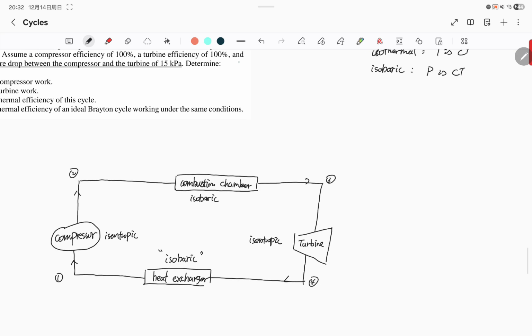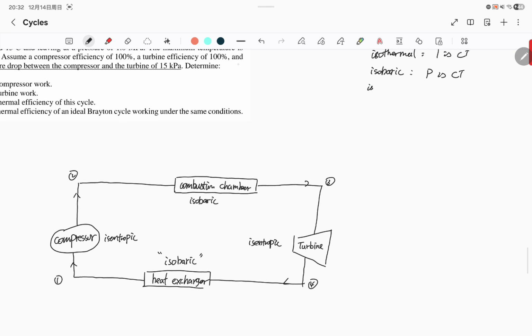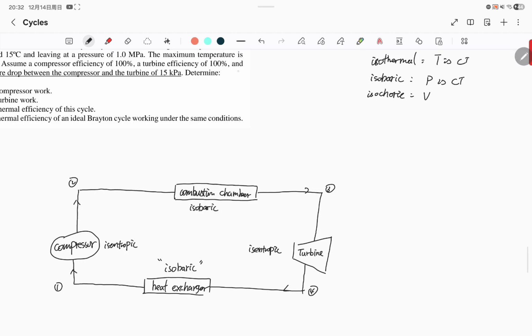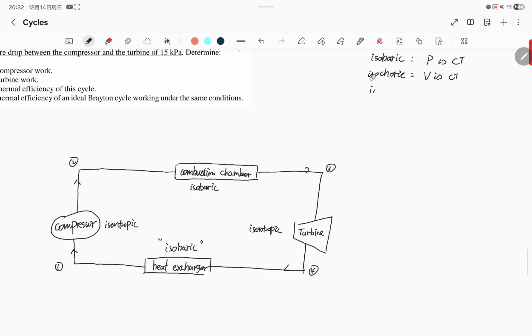We have isochoric, which we don't have in this problem, but in the next video in Otto cycle, we're gonna see that. That means volume is constant. Isentropic, that means entropy is constant.